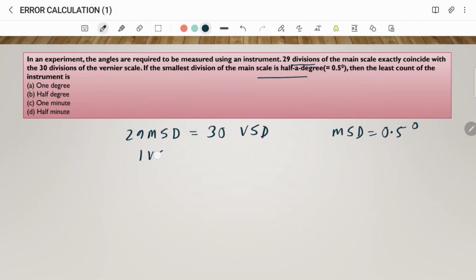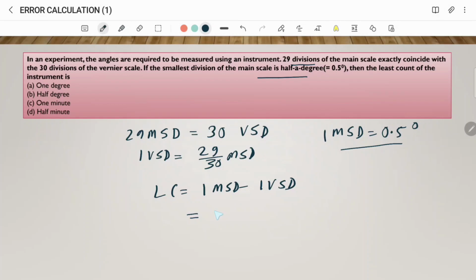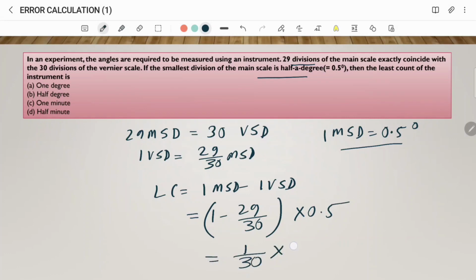So we know that one vernier scale division is equal to 29 by 30 main scale division. The least count we can find out as 1 main scale division minus 1 vernier scale division. So it becomes (1 minus 29 by 30) into 0.5, or 1 over 30 into 0.5 degree. Now 1 degree consists of 60 minutes.